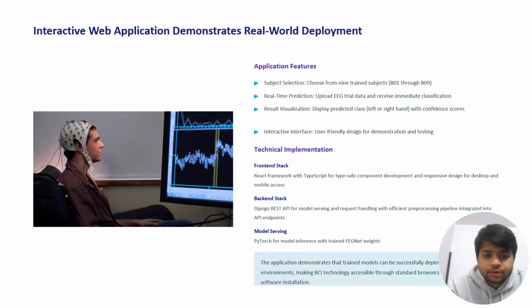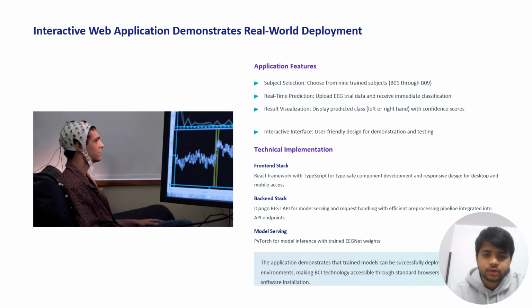And also for this, I have created a web application that helps the user visualize the model's performance by seeing the movements of a smiley face on the screen. If the user is thinking left, the smiley face will move to the left. If the user is thinking about moving right, the smiley face will move to the right. At the end of the run, it will also show the accuracies.